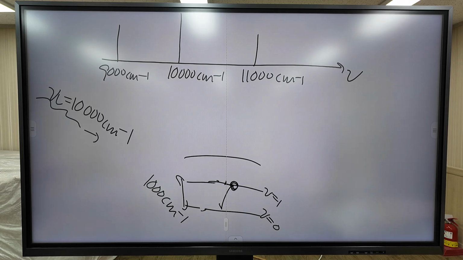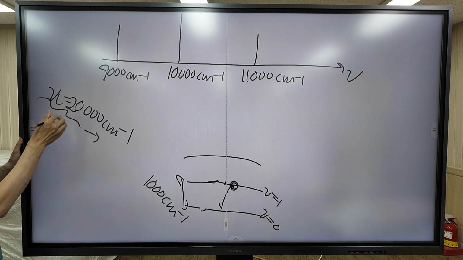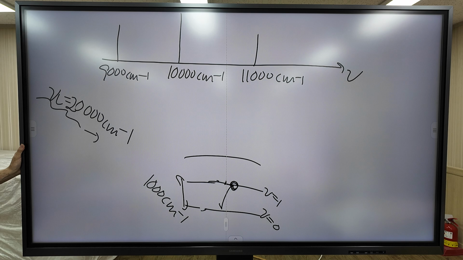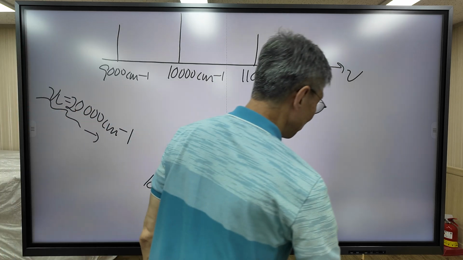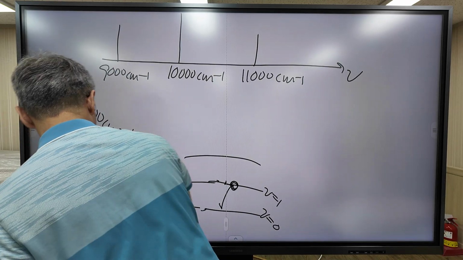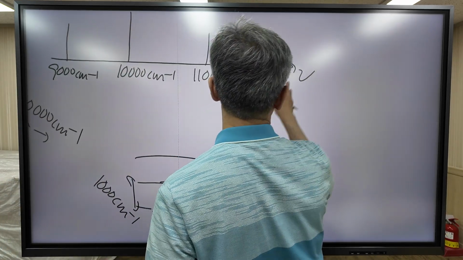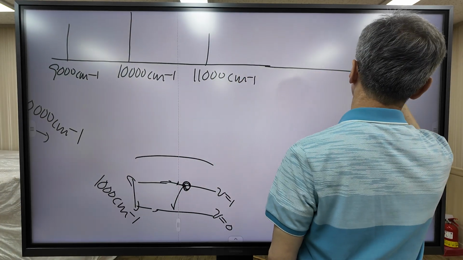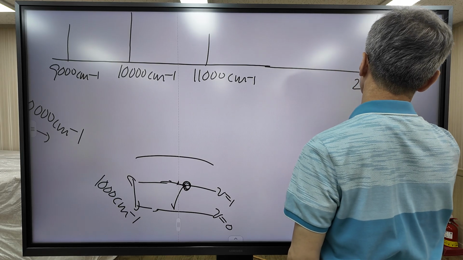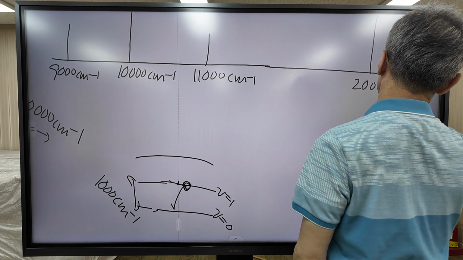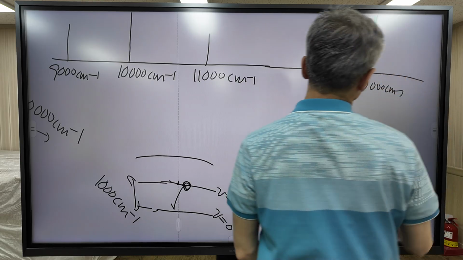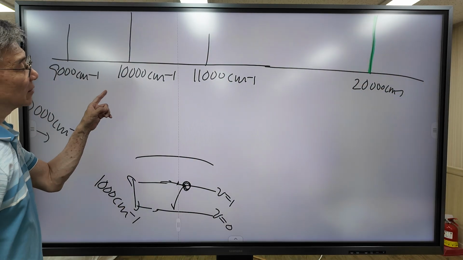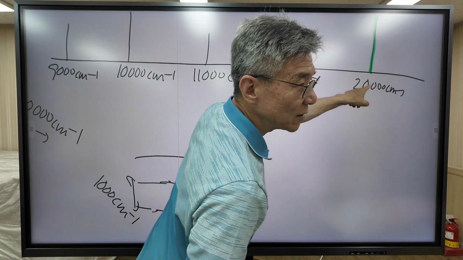Now, what happens when we increase the frequency of the light to 20,000 wave number? What happens to this spectrum? In this case, Rayleigh scattering now appears at 20,000.